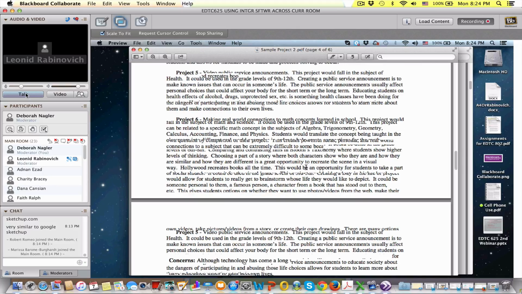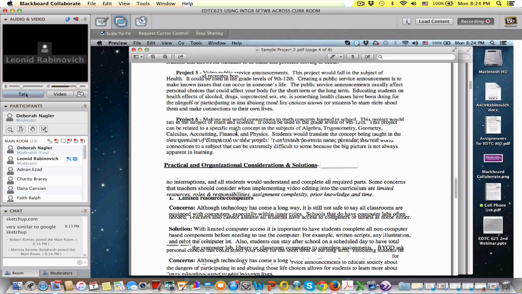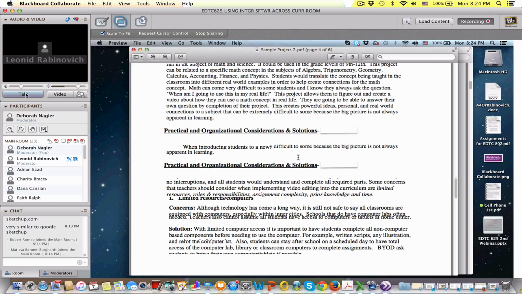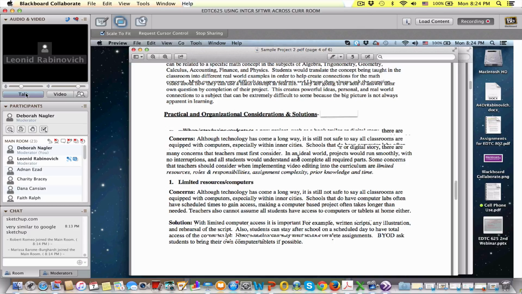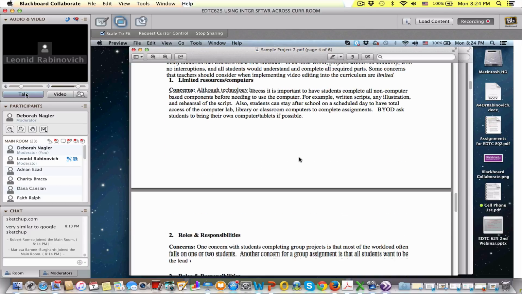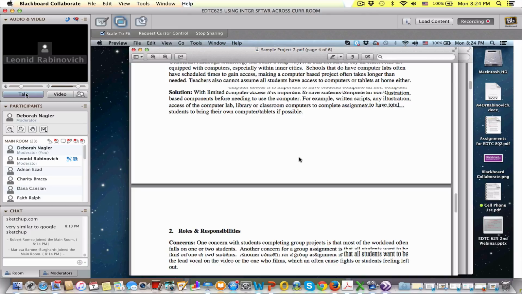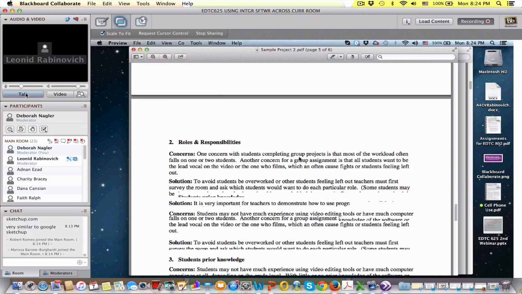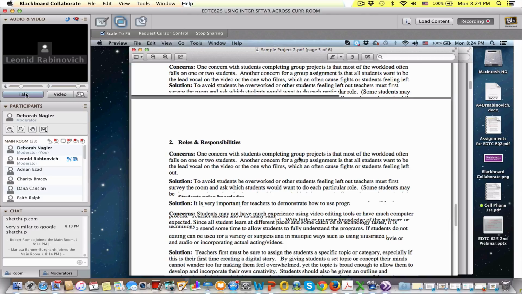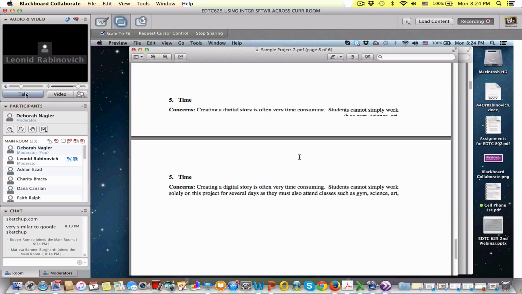They also talk about practical and organizational considerations and solutions. This is your challenges and suggestions to overcome these challenges. And that's basically it.